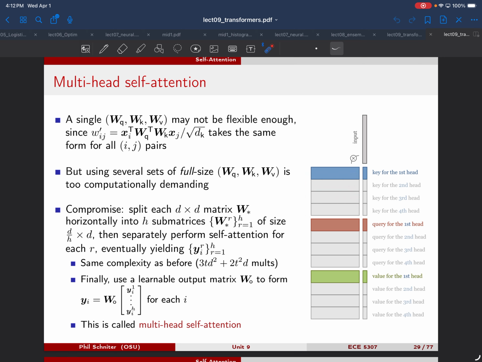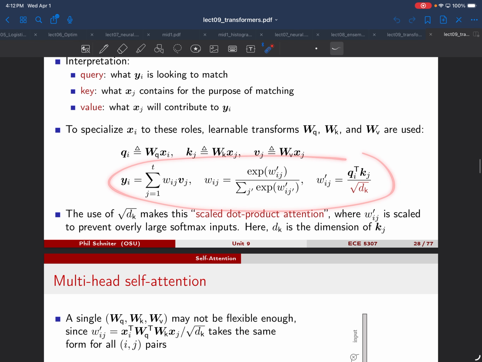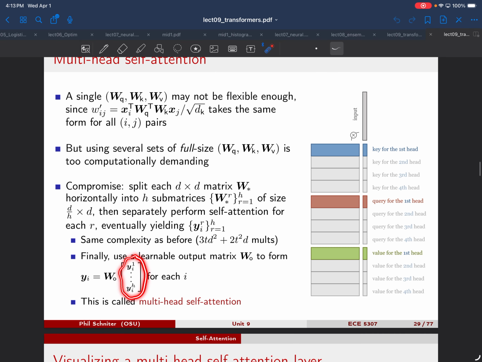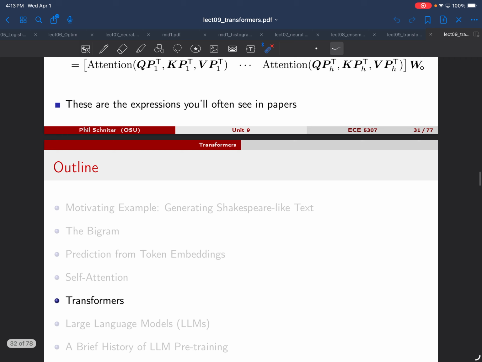And so you compute these y's of reduced dimension using this attention mechanism. So basically all these guys have reduced dimension. These have reduced dimension. And then you stack them together to get back your original embedding dimension, and you have one more learnable matrix there. And that's multi-headed self-attention. Okay.